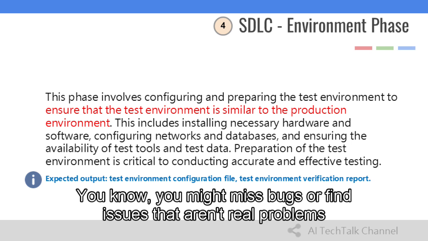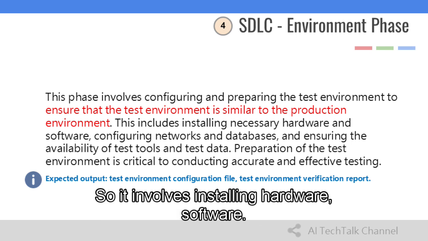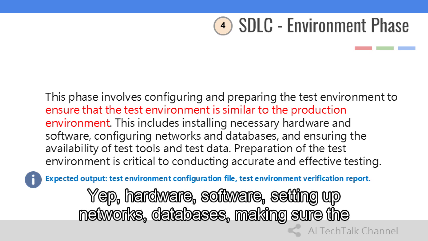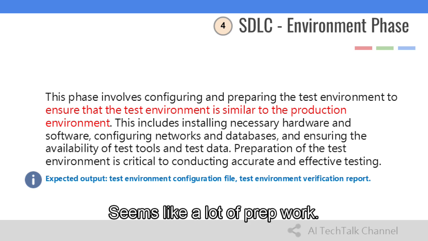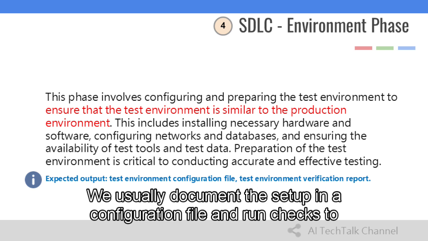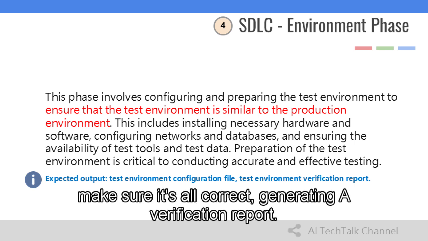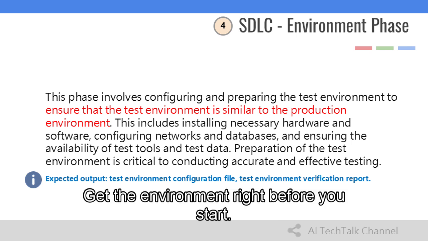You might miss bugs or find issues that aren't real problems in production. It involves hardware, software, setting up networks, databases, making sure the test tools are ready and the data's loaded. We usually document the setup in a configuration file and run checks to make sure it's all correct, generating a verification report.